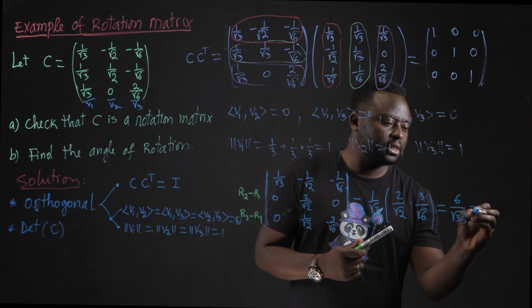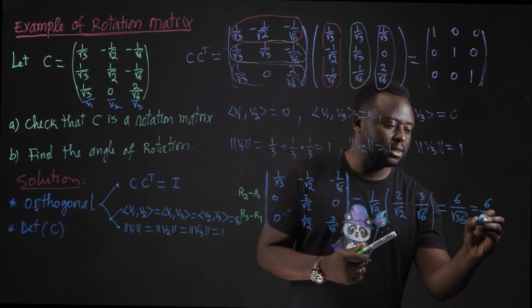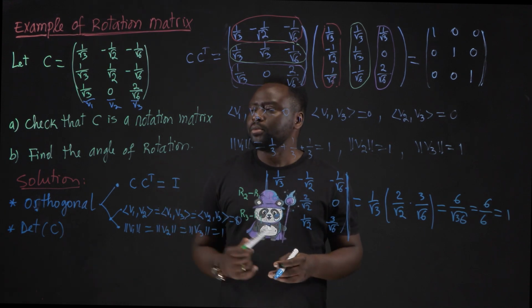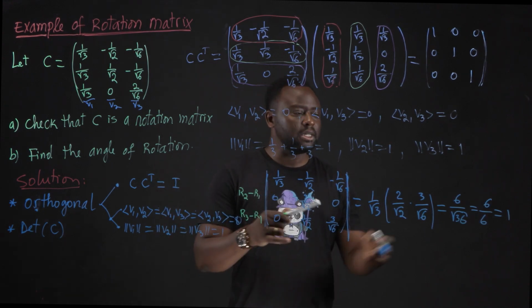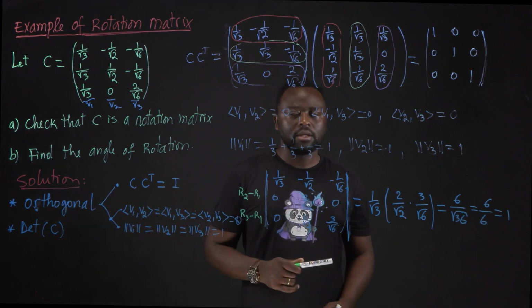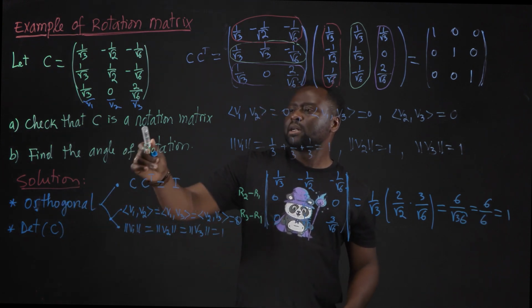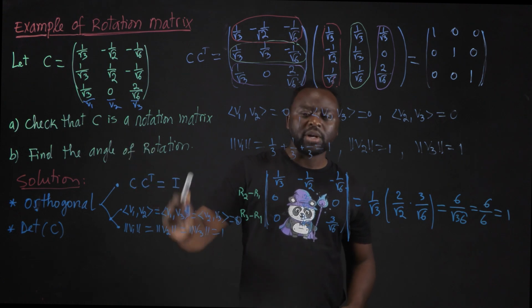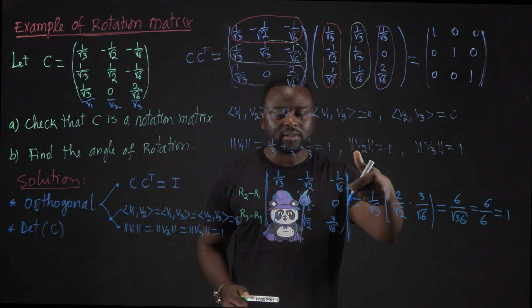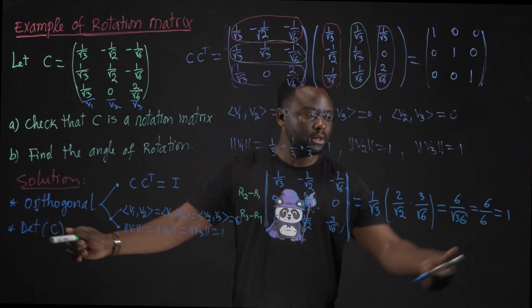The square root of 36 is 6. So 6 over 6, this is 1. Okay? So we have shown that the determinant of C is equal to 1. So we are done with this. We can therefore conclude that C is a rotation matrix because, first of all, it is orthogonal. Second, the determinant is 1, as you can see here.